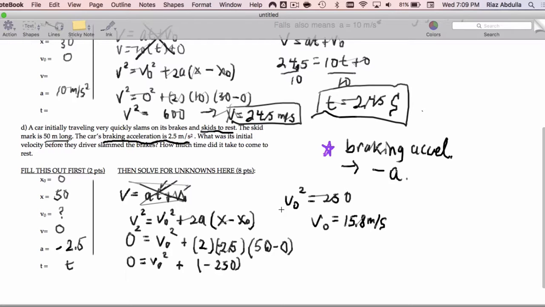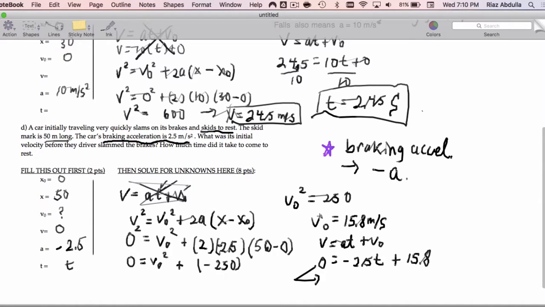Now, let's get the time it takes to come to rest. So I could do v equals at plus v naught. So 0 equals negative 2.5 t plus 15.8. I'm just going to skip to the answer here. I'd like to see you solve this.